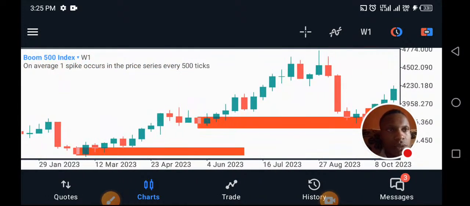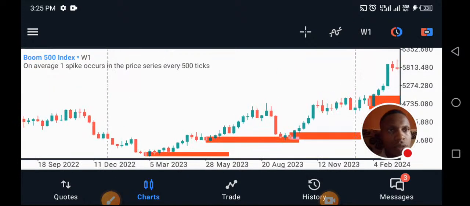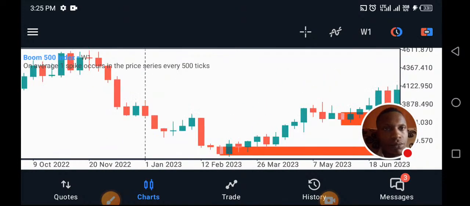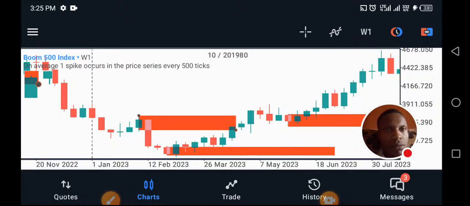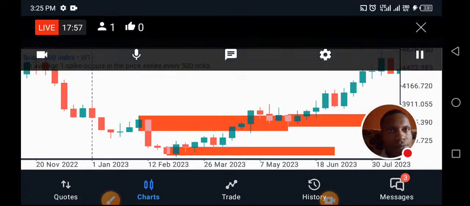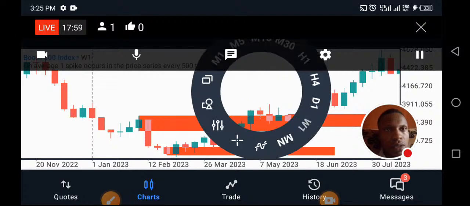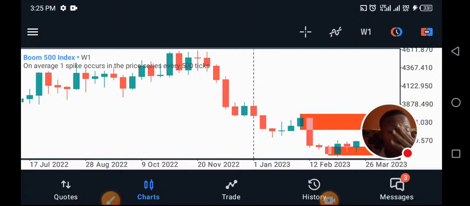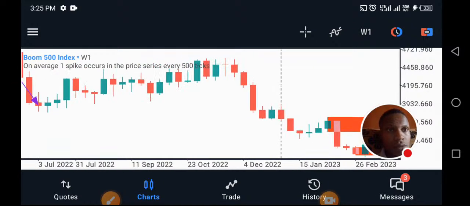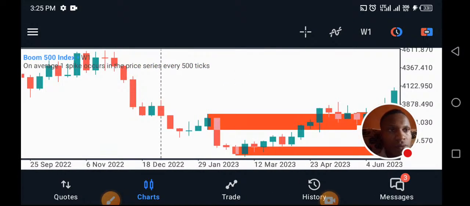Here as well you can see that this is an order block level. And then here as well we have different order blocks.